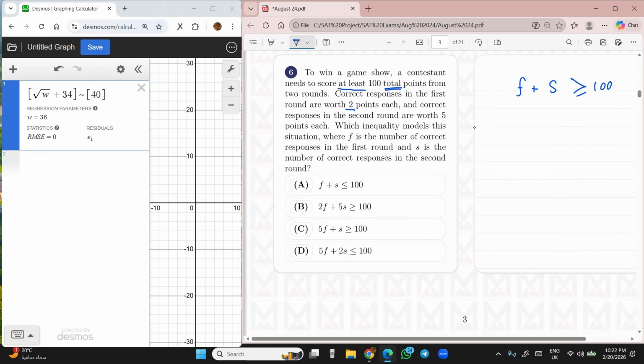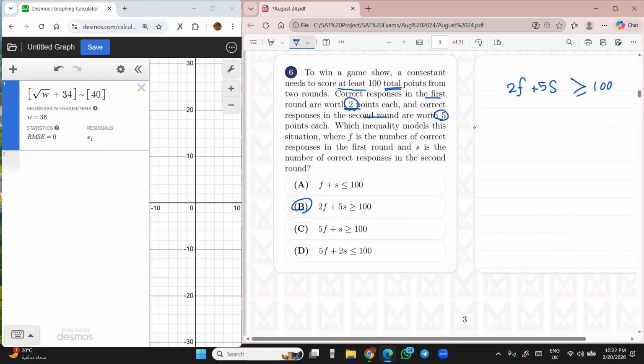So how can we get these numbers? Correct responses in the first round are worth 2 points, so F must be multiplied by 2. And the second round should be multiplied by 5, so 5S. And that's how to write the inequality, which is, as you can see, letter B.